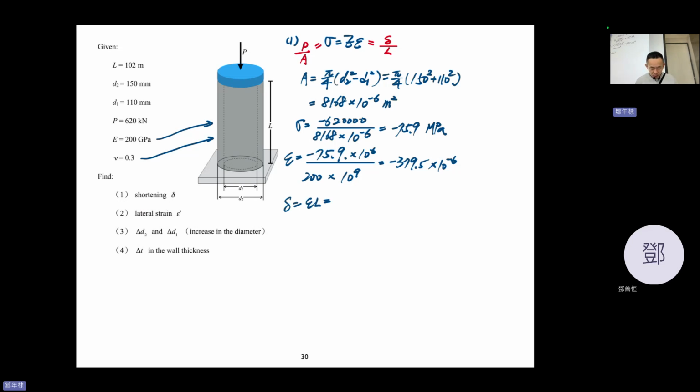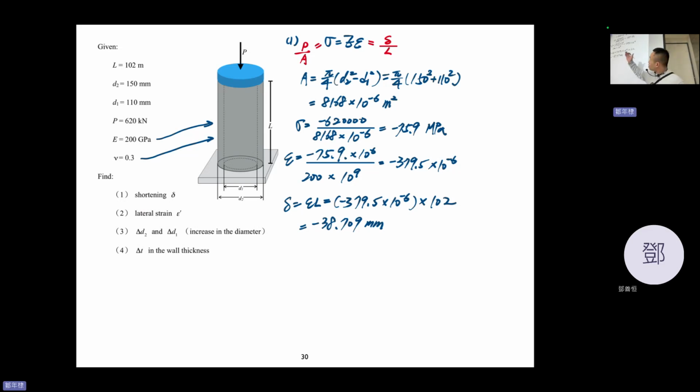Epsilon times L: minus 379.5 times 10 to the minus 6 times 102, equals minus 38.709 millimeter. Great, that's it.